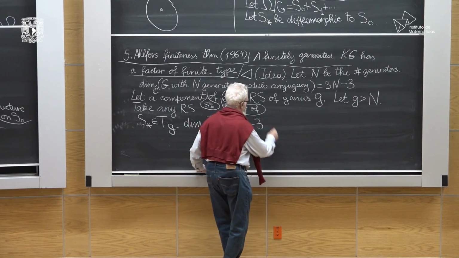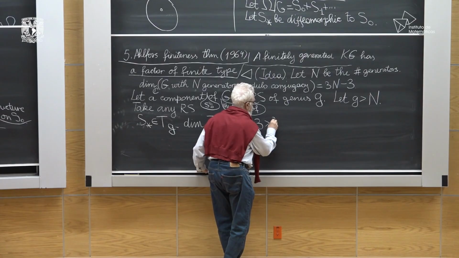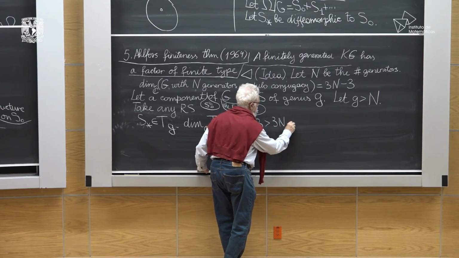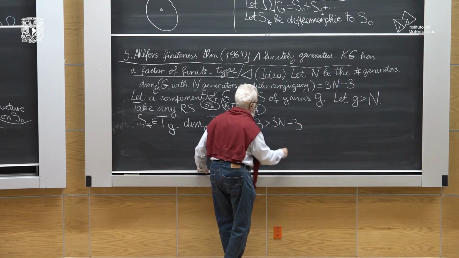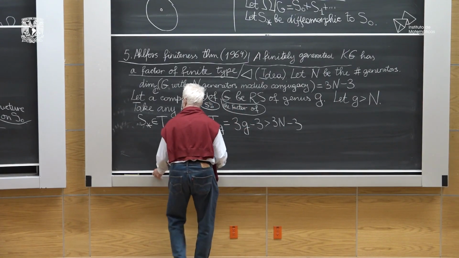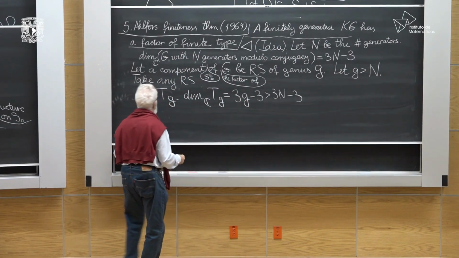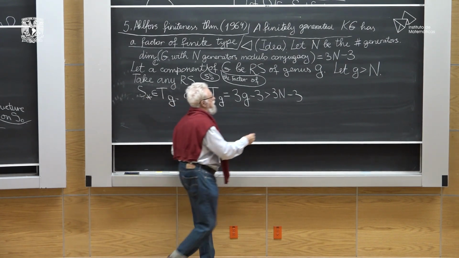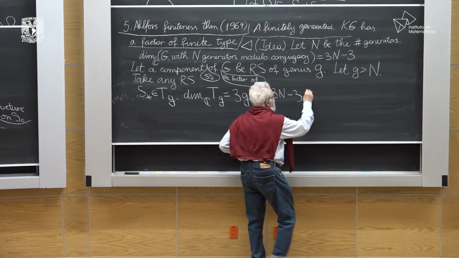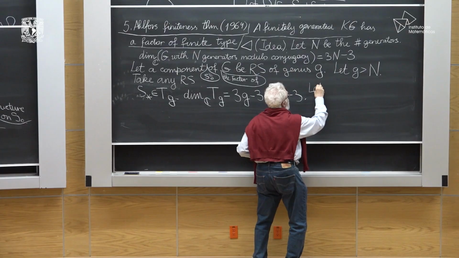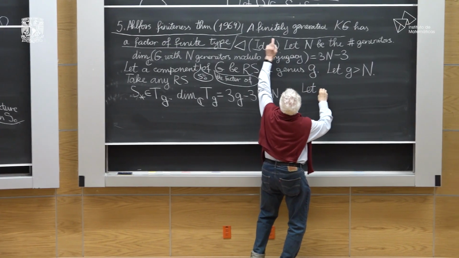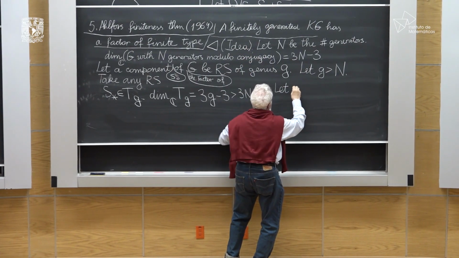And it is greater than 3n minus 3 because g is greater than n.